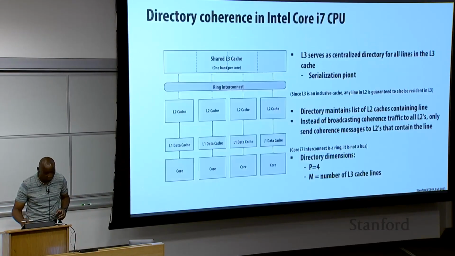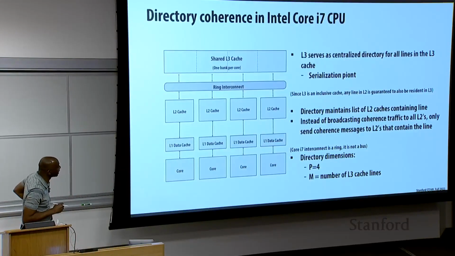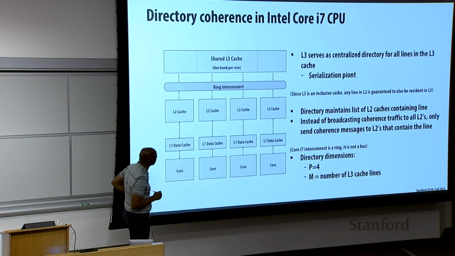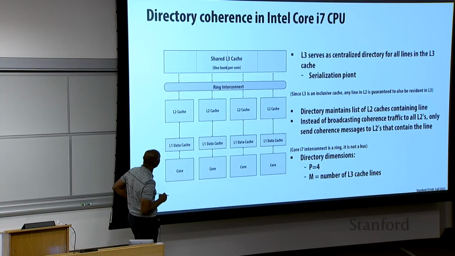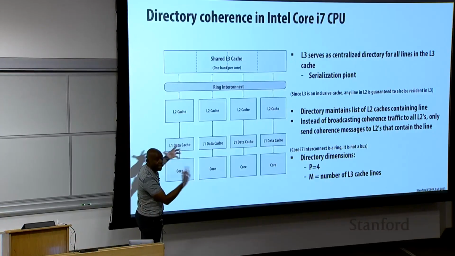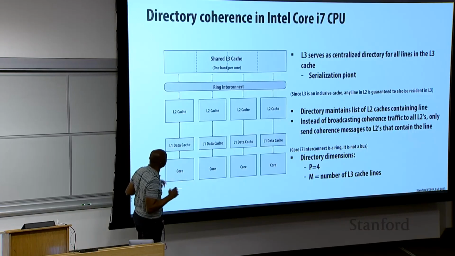So that's the idea of directories, and that's what's implemented these days on most multi-core processors, right? For instance, the i7 that's used in your Myth machines. You've got a ring interconnect, and the ring interconnect is not a broadcast interconnect, so snooping won't work here.